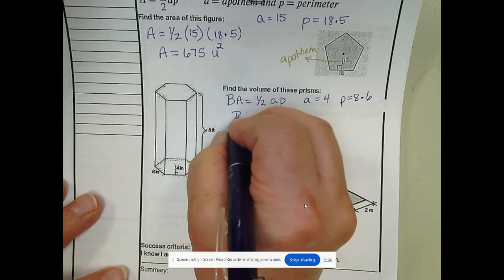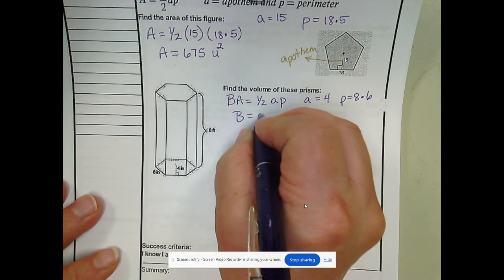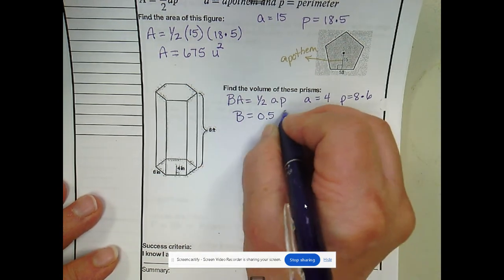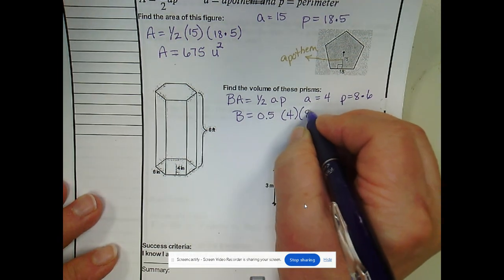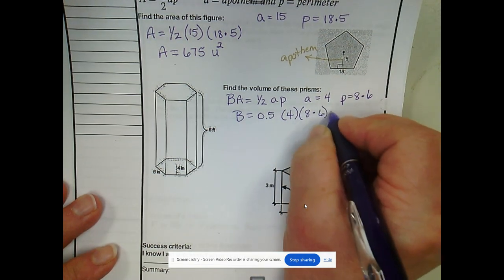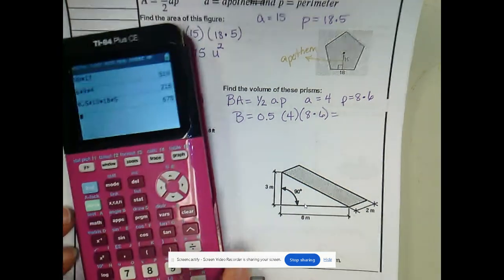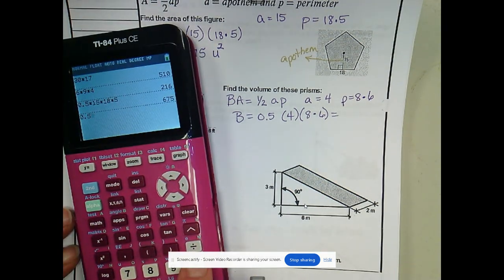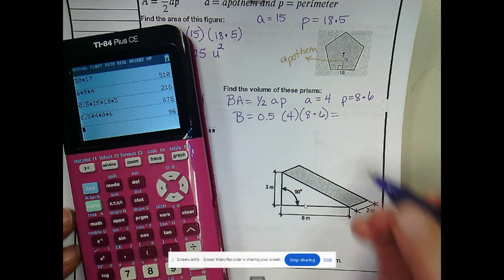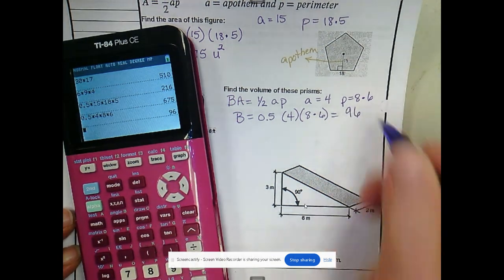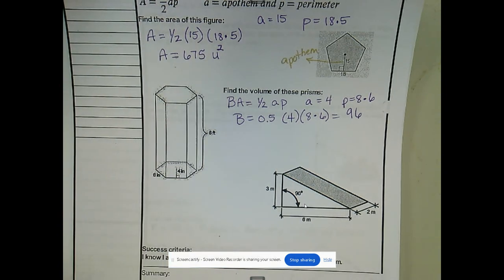So 0.5 times 4 times 8 times 6, and you get 96. Okay, now we have to know the height of the prism.